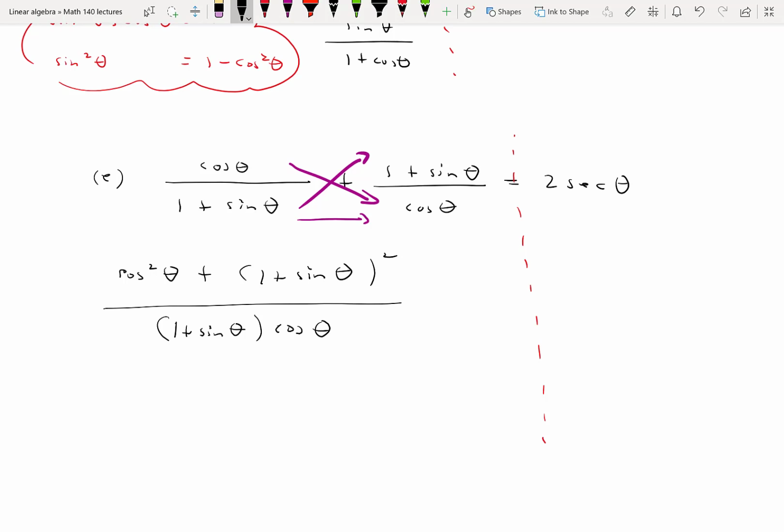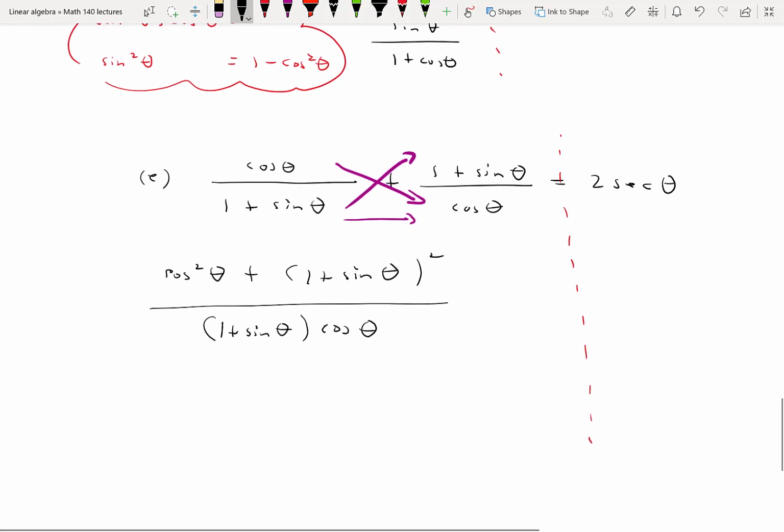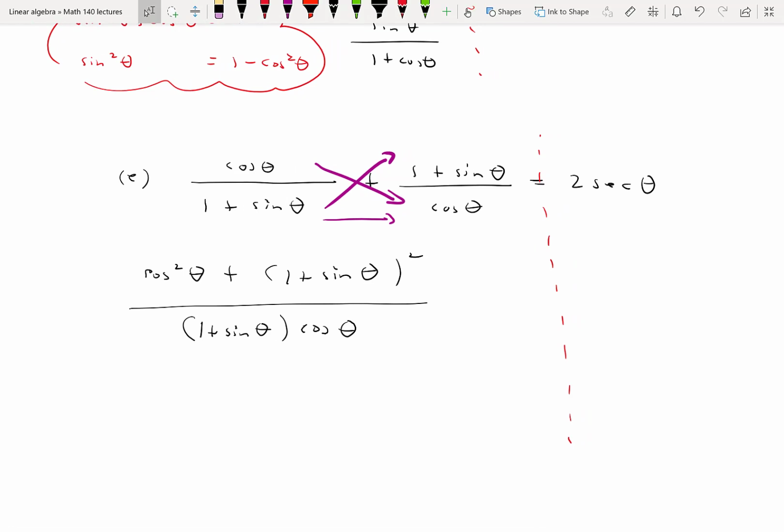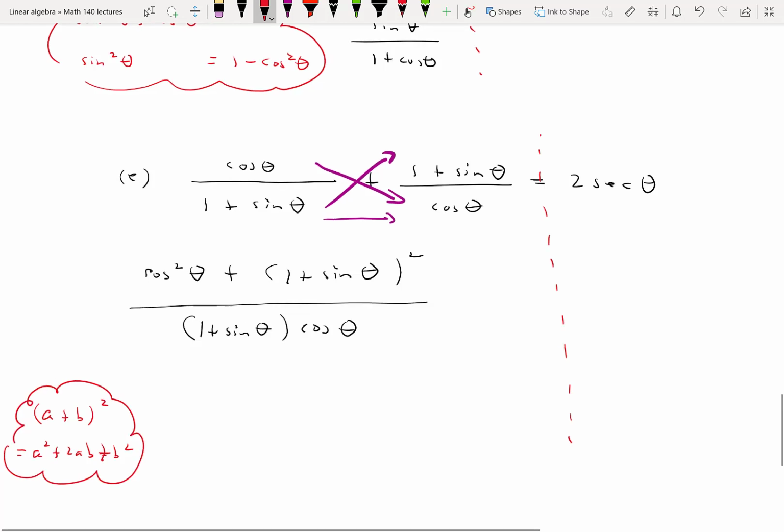At this point, there's a common mistake that's made. The common mistake is in expanding (1 plus sine of theta) squared in the numerator: you can't distribute the exponent there. We have to remember from algebra that (a plus b) squared is a squared plus 2ab plus b squared. Fancy way of saying FOIL out that product in the numerator of (1 plus sine) squared.